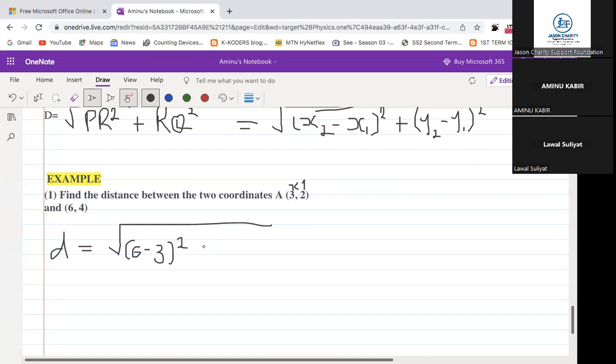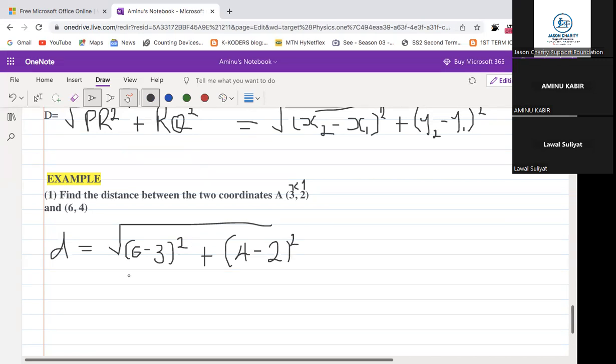This is squared, plus our y2 is 4 minus y1 which is 2.